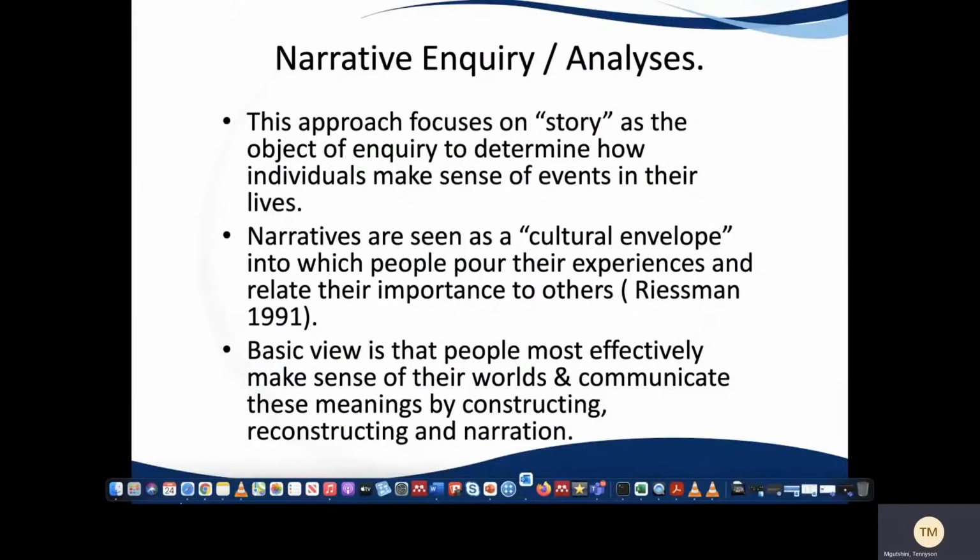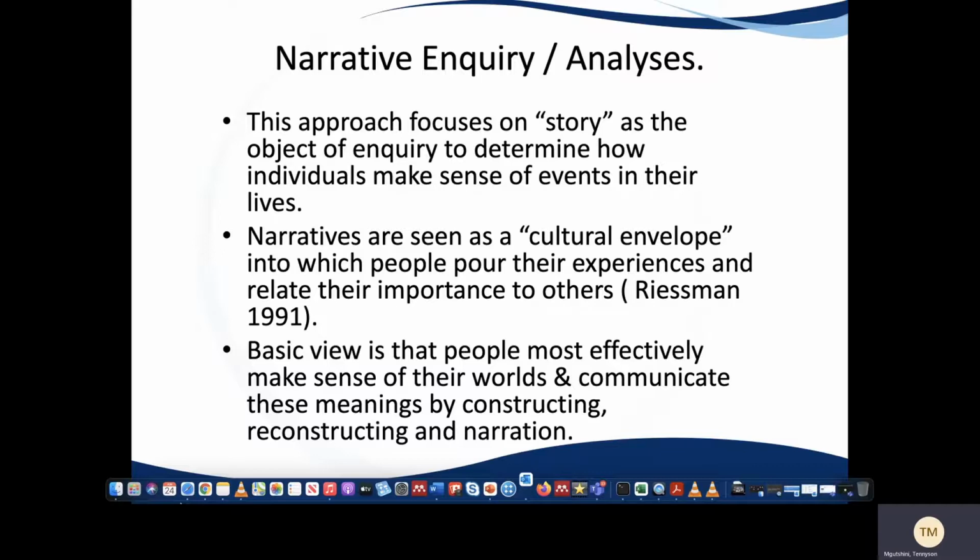Now, the final example that we're going to look at, the final tradition, is this tradition that they call narrative inquiry or narrative analysis. And this approach in qualitative research focuses on the story as the object of inquiry. You know, we said phenomenology was focused on the insider perspective as the object of inquiry. We said case study was focused on the case.